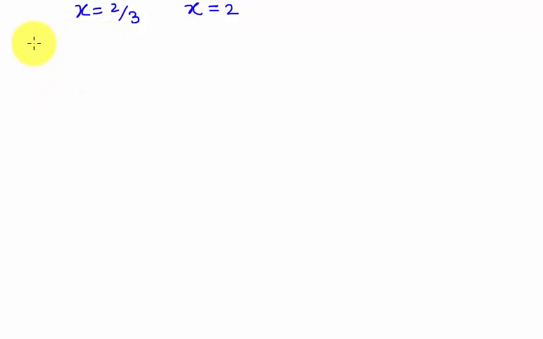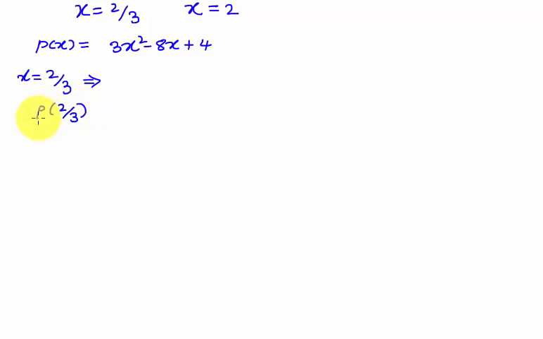So let's write down the polynomial first. P of x is equal to 3x square minus 8x plus 4. Now let's calculate the value of polynomial at x is equal to 2 by 3. So this can be represented as P of 2 by 3 is equal to. Now let's put the value of x, which is 2 by 3, in the polynomial.